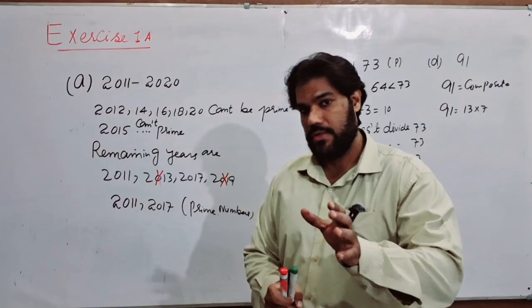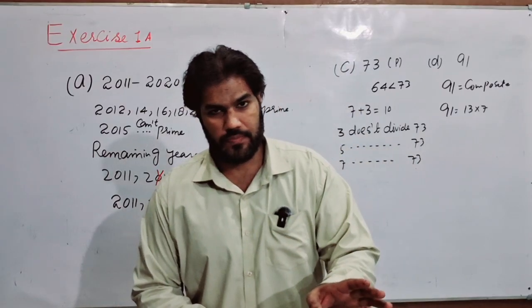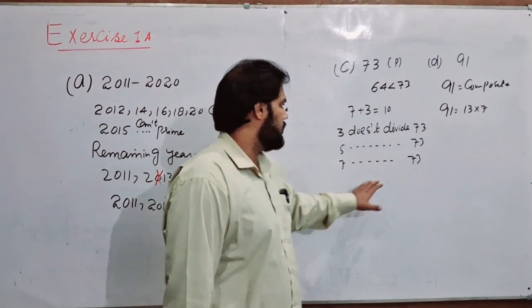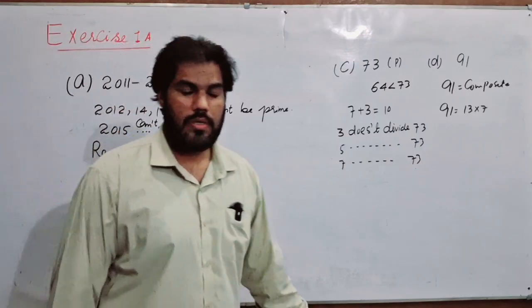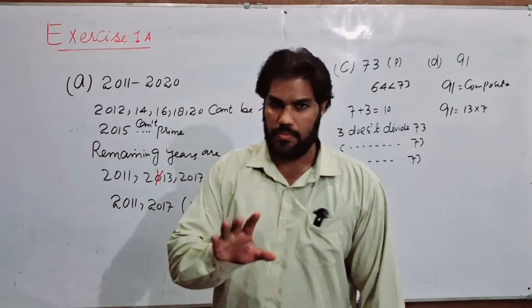Now you have to find all of the prime numbers which are less than or equal to that integral part. If any such prime number divides this number, then this number is not a prime, otherwise it is prime. But the answer is that both of these are prime numbers.